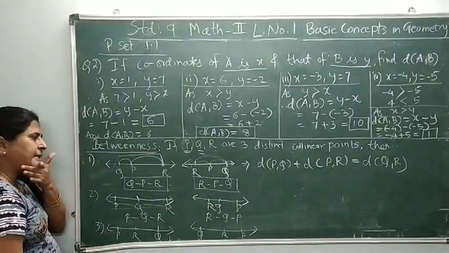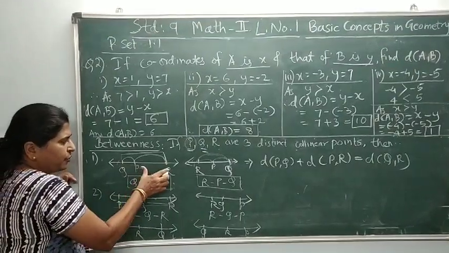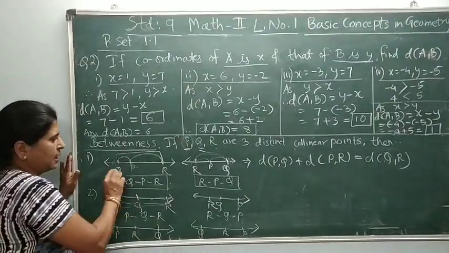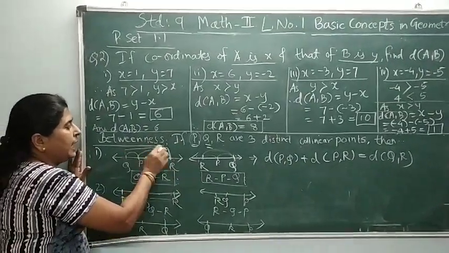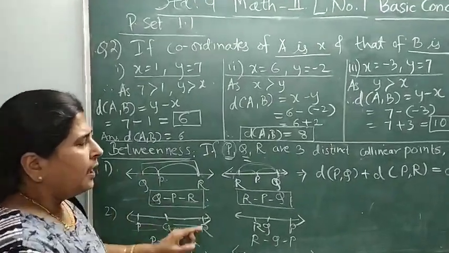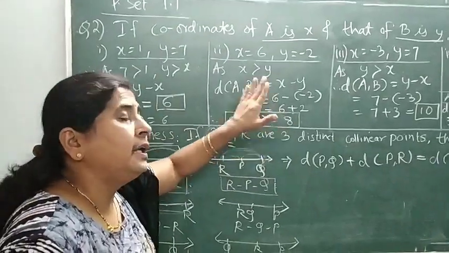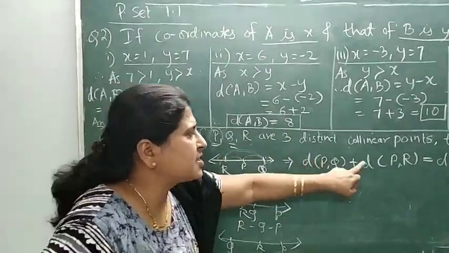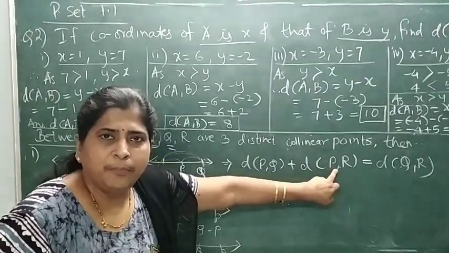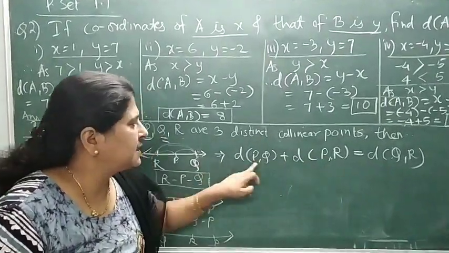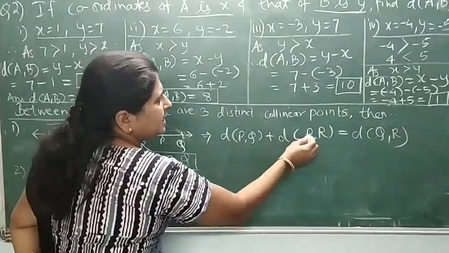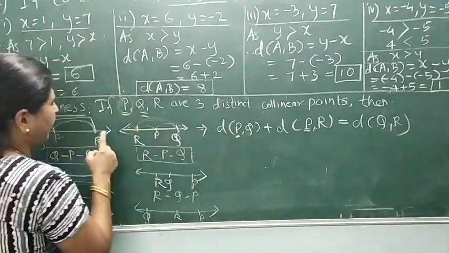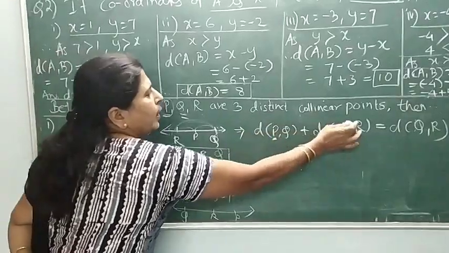In that case, we get the sum of two smaller segments equal to the distance between the end points. If we find such a relation between the given three points, then we can say the points are collinear. Here, point P is common, so P is somewhere between the other two, Q and R.